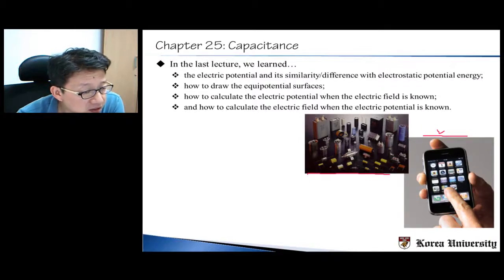And how does the smartphone understand where your fingers are? Do you have an idea? In fact, how this smartphone recognizes your finger is directly related to the physics of capacitance. So once you have learned this chapter, you will be able to understand how this smartphone can recognize your fingers.